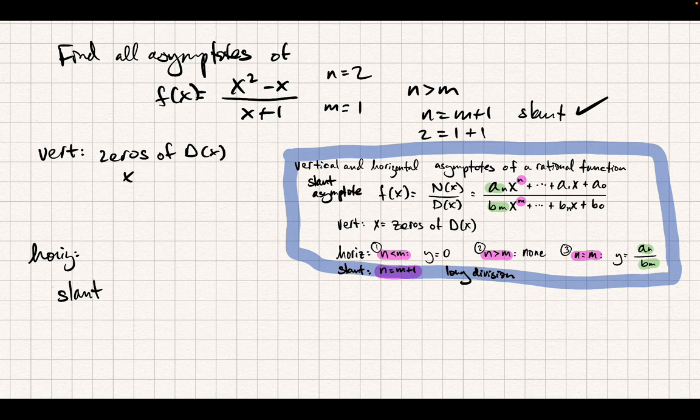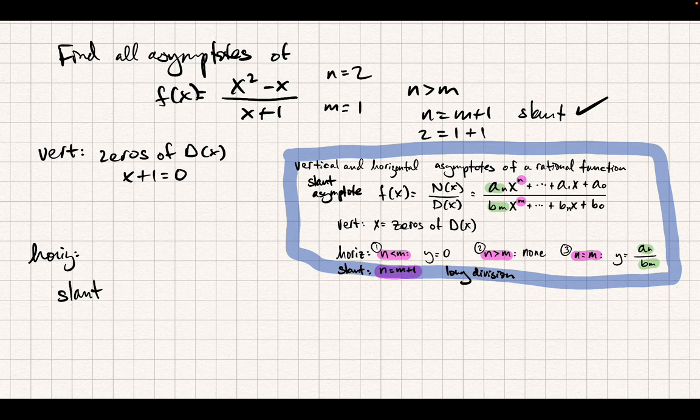So it's x... So we want the zeros of the denominator. How do we do that? x plus 1 equal to 0, right?